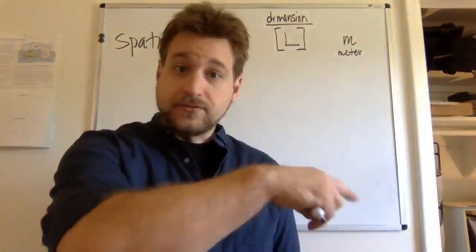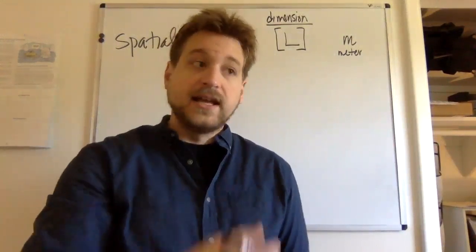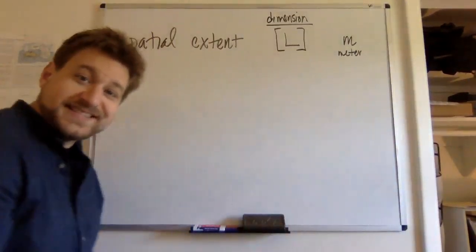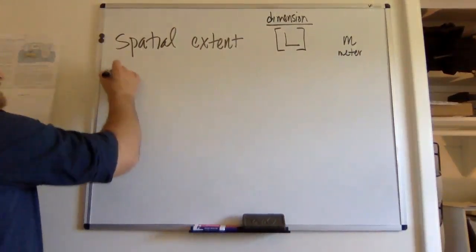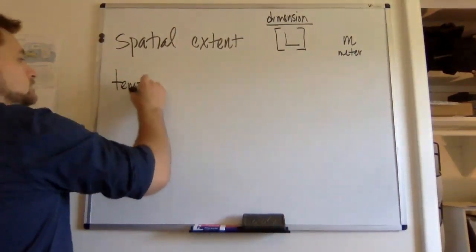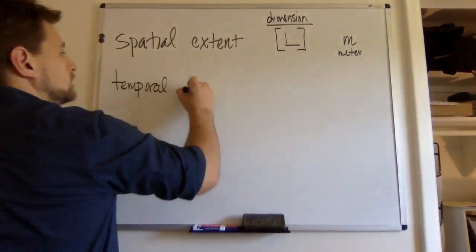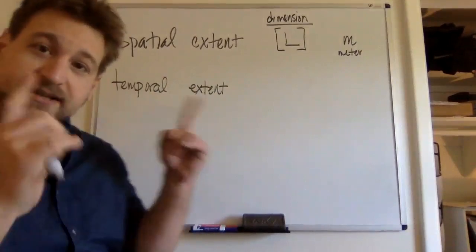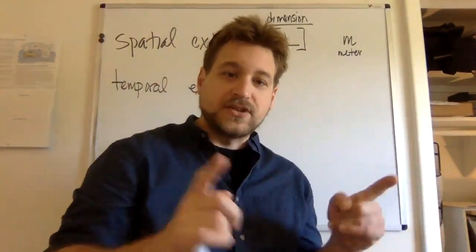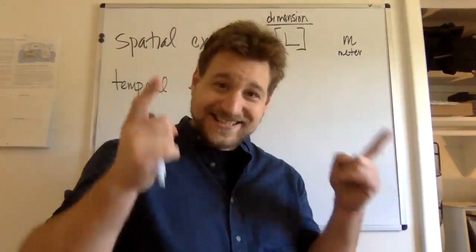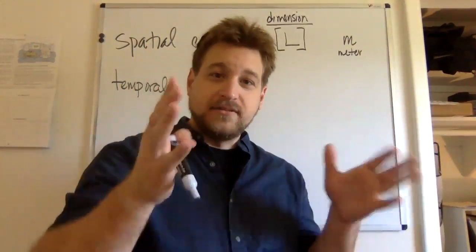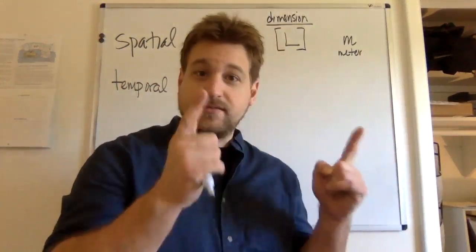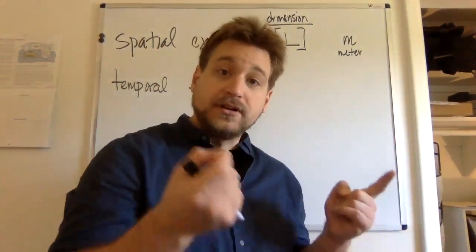Something about the motion between the 2 points was different, and when we say faster, what we mean is that it took less time. What is the temporal extent of the event in question? How much time is described by the measurement that we're making? How much time is there in this interval? Temporal extent.